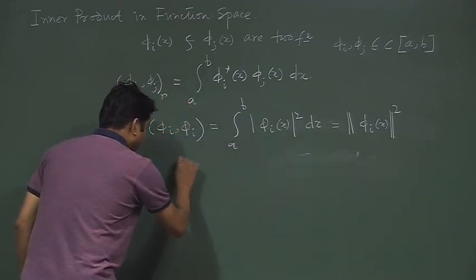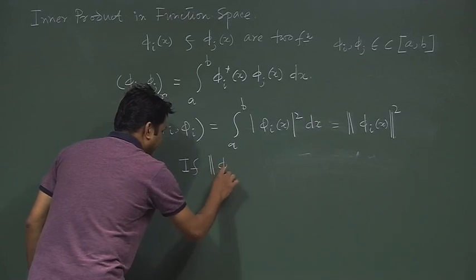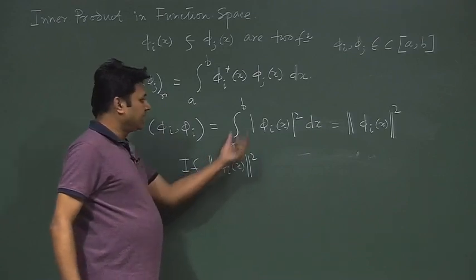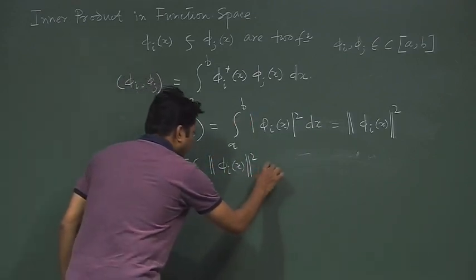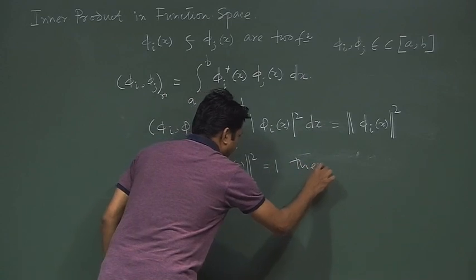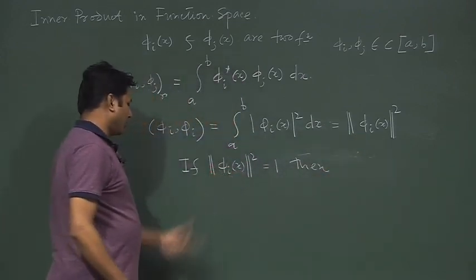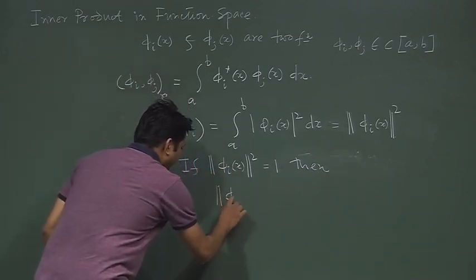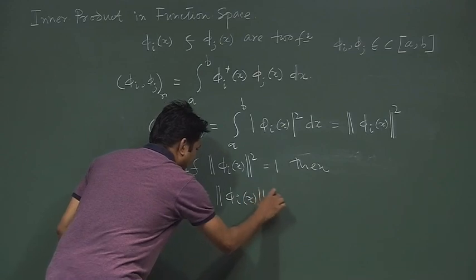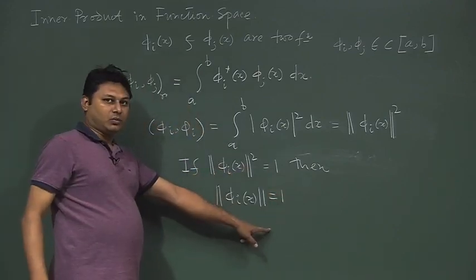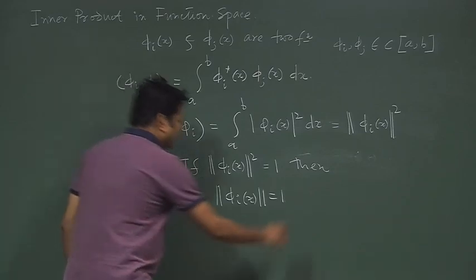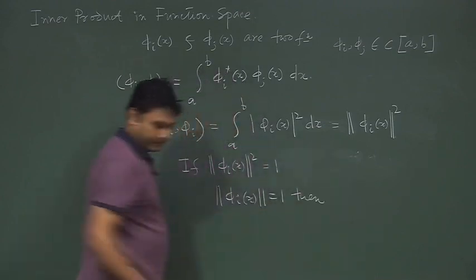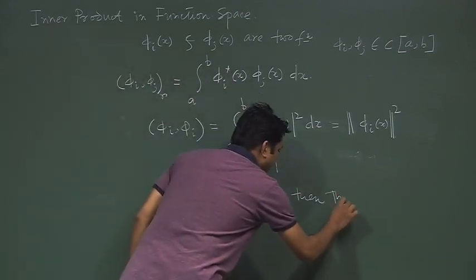Actually this is the norm square, and the norm is the root of this quantity. But if this quantity is equal to 1, then the square is the same thing, 1, and the function is normalized.